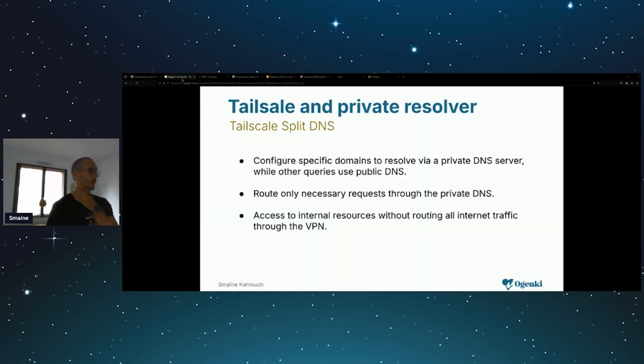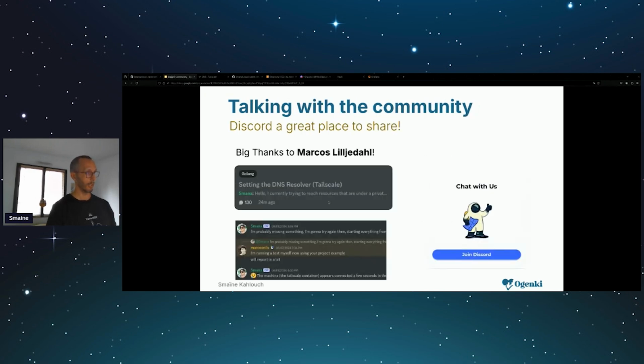Unfortunately, this specific use case using split DNS doesn't work with Tailscale. I wanted to highlight something important, because Marcos, who I think was in the chat, helped me a lot in diagnosing this issue. He did a lot of tests on his side, and we've been able to identify precisely what's going on.